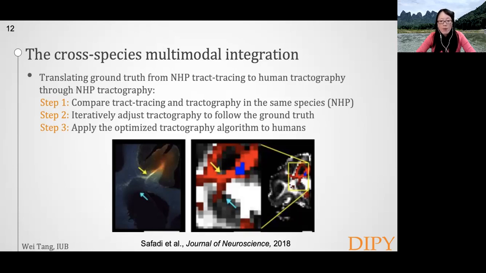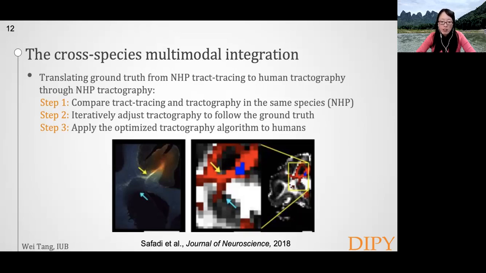Recently, animal neuroimaging has been growing through rapid development. It is now possible to acquire high-resolution, diffusion-weighted images, both in vivo and post-mortem, from animal brains. So, a potential strategy for translational neuroanatomy can follow 3 general steps. First, one can compare tract tracing and tractography results in the same species.